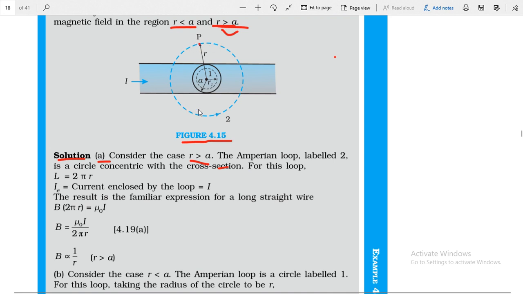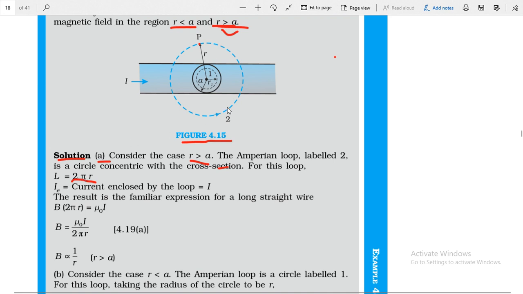circumference, or you can say the length of this dotted line, will be 2 pi r, okay, because you know that the circumference is a length and if the radius is known, this length will be equal to 2 pi r.